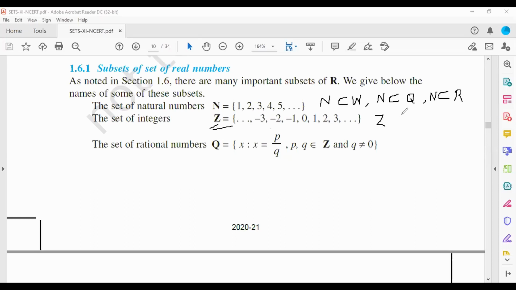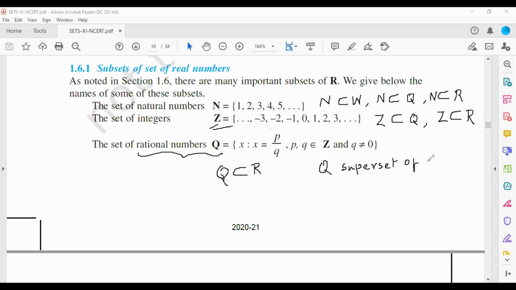Integers also we can say are a subset of rational numbers. Integers are a subset of real numbers also. Then rational numbers, you can say, are a subset of real numbers. What else can we say? Now Q is a superset of Z, the integers. How to write it?